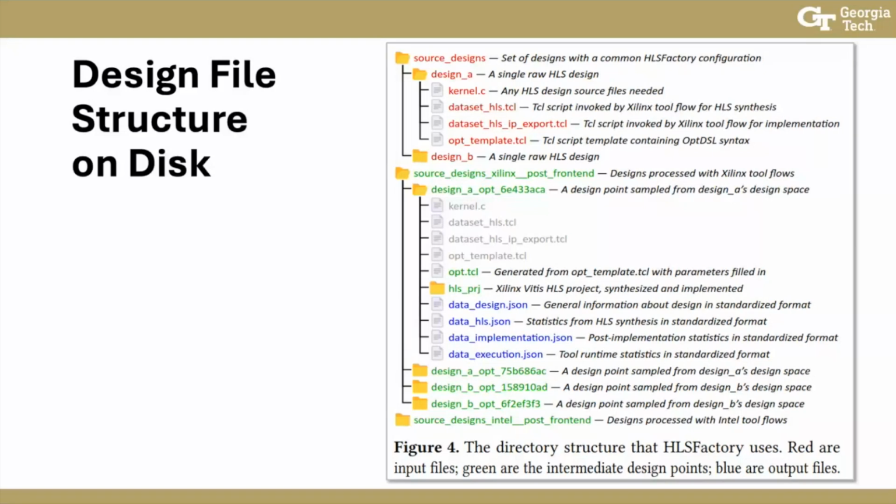Let's say you have an HLS project, you copy that over, and then you simply need to make sure that you have a specific Tcl file which acts as the entry point, and then HLSFactory is able to find that and automatically run your thing. You don't have to change the structure of your project. You don't have to change how you organize your source files, and so on.